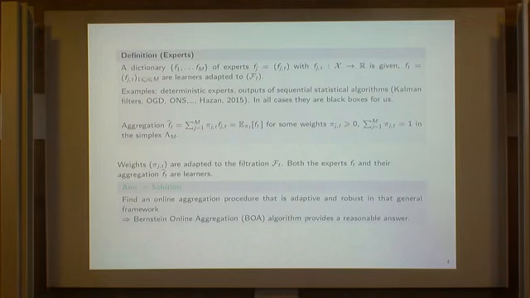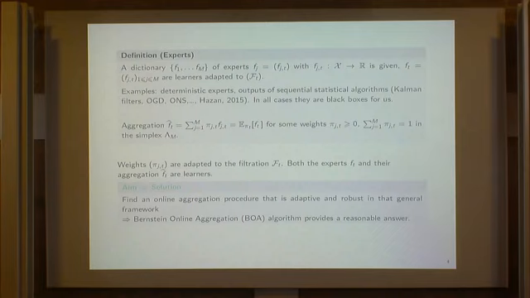Now the aggregation, to shorten a little bit, I write it as an expectation here, because the sum of the weights is equal to 1. The aim is to find the best possible aggregation of these learners. Again, these learners are themselves statistical sequential algorithms, and the only assumption is that they are adapted to the filtration of the information.